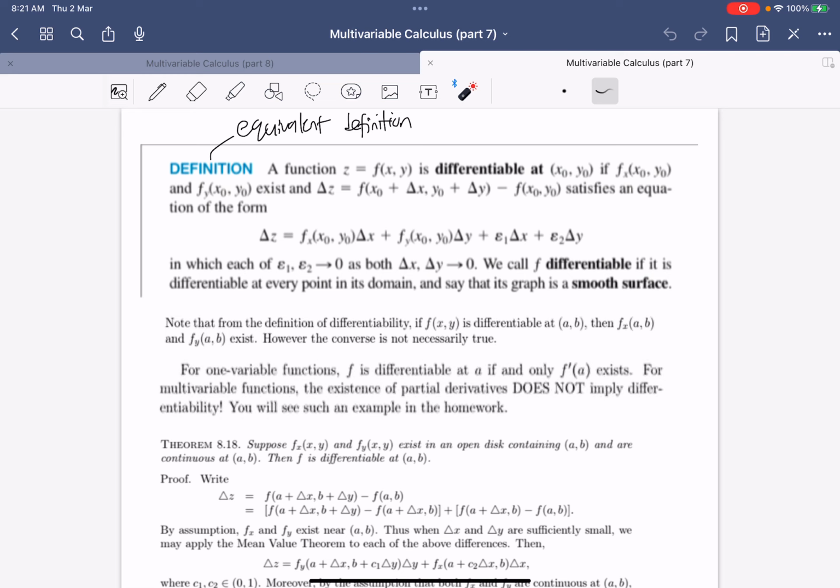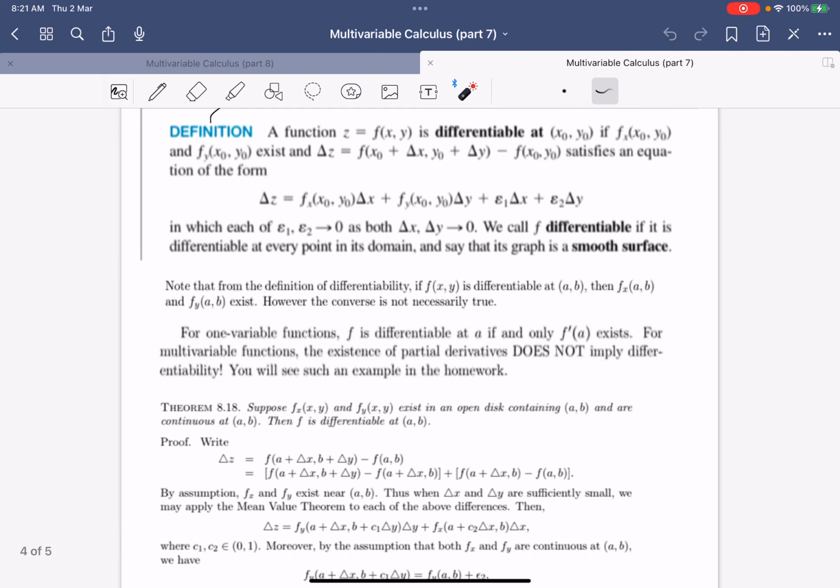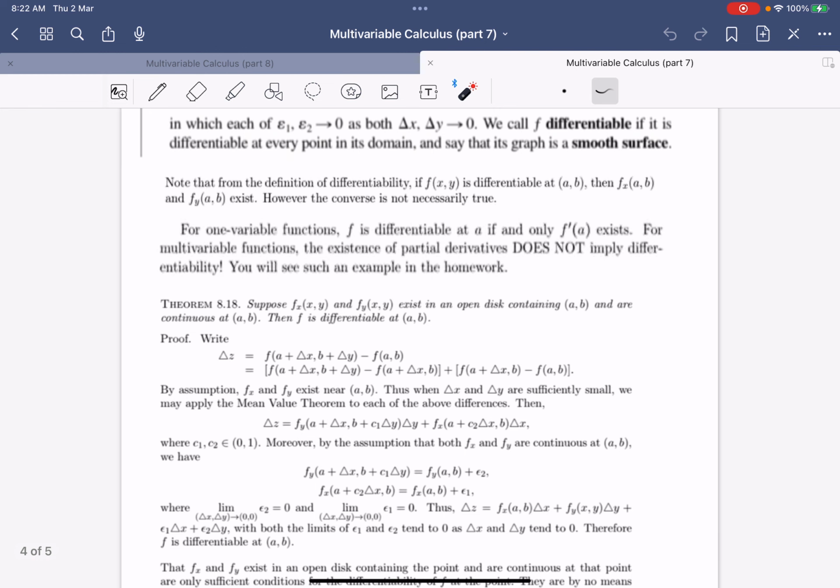But what we would like to note is that if we know that f is differentiable in one variable, then f prime a exists. But this may not be true for multivariable functions, and the existence of partial derivatives won't imply that f is differentiable. We actually need something stronger, that the partials need to be continuous.